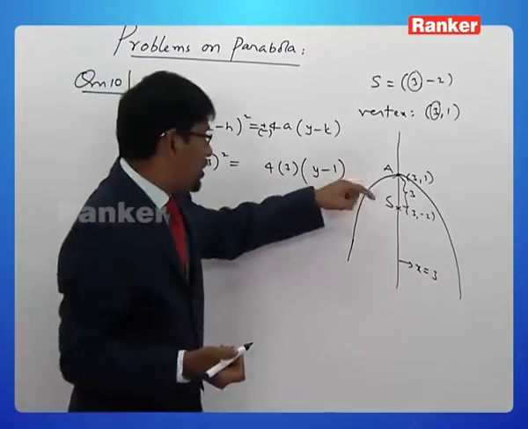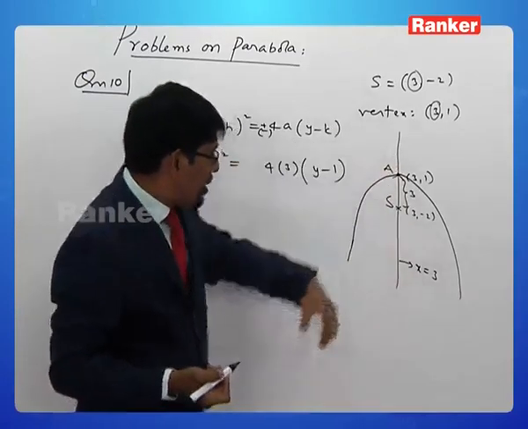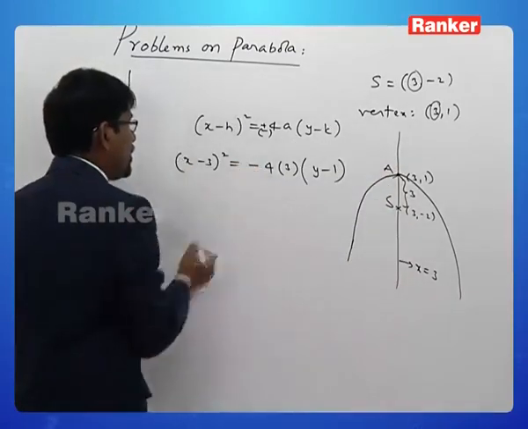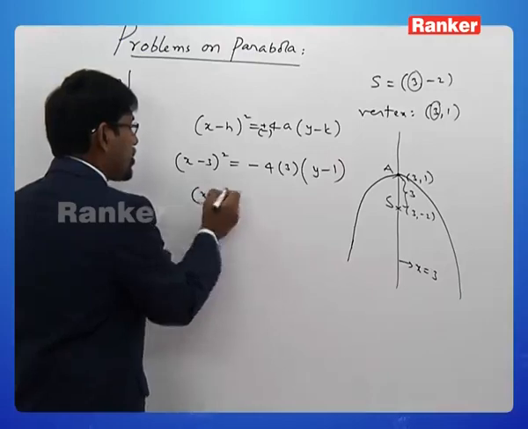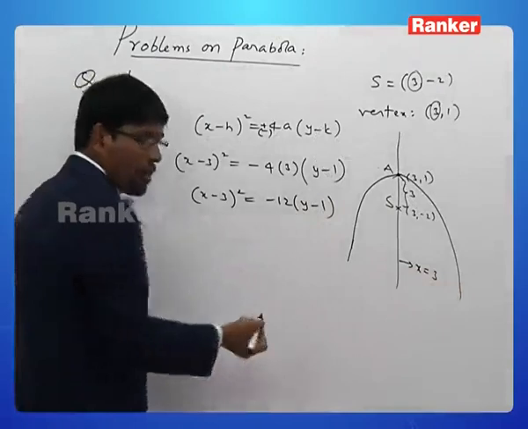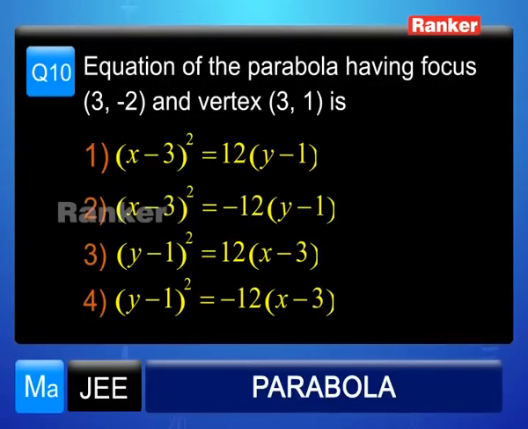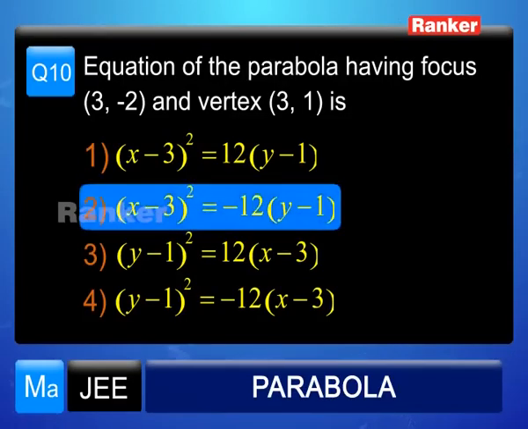It depends on where the vertex and focus are. It's opening downwards here, so I need to put a minus sign. That makes it (x - 3)^2 = -12(y - 1). So, the second option is the right option. Option 2 is the answer.